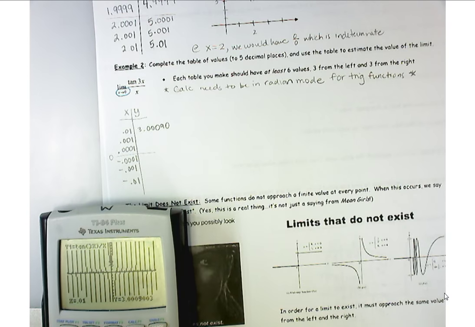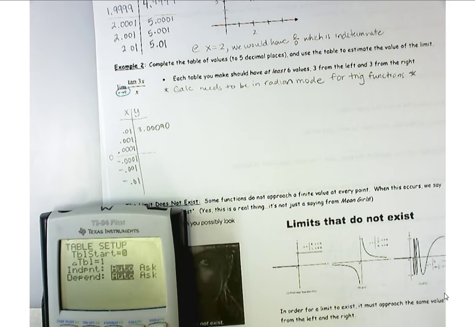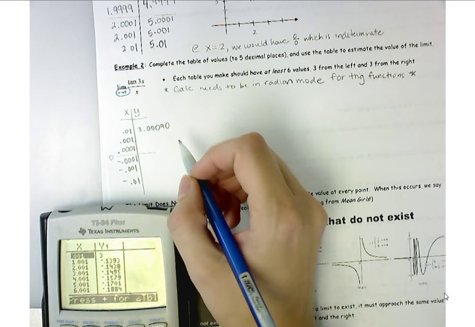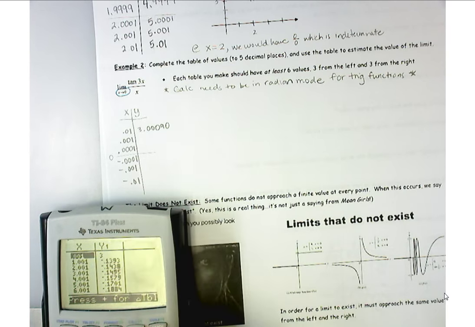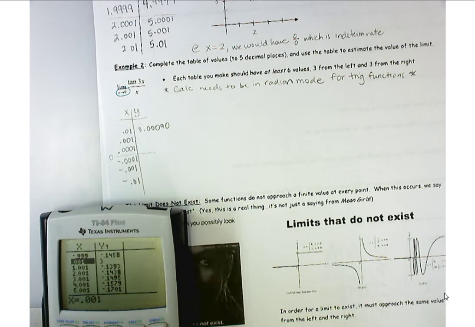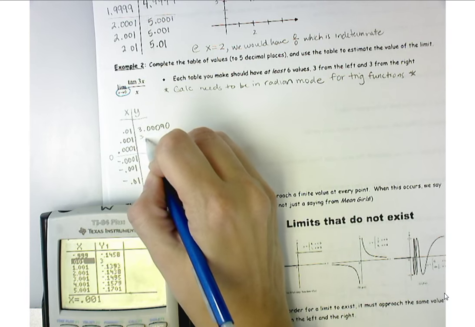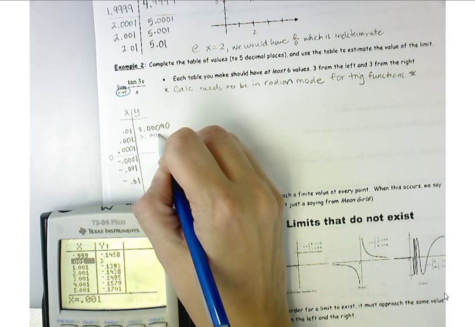Okay, if you're using your table, they might not give you all those decimal places. Let's look at what happens for 0.001. Okay, so for 0.001, if it's just 3, I'm going to do 3.00000.